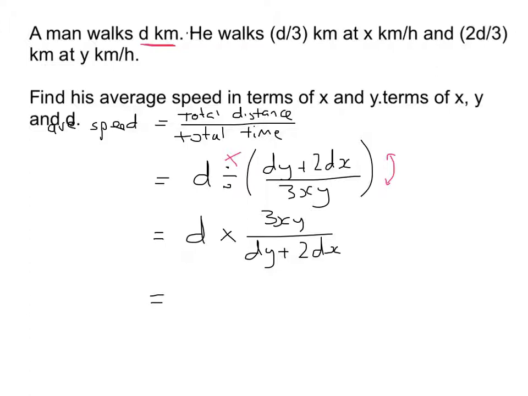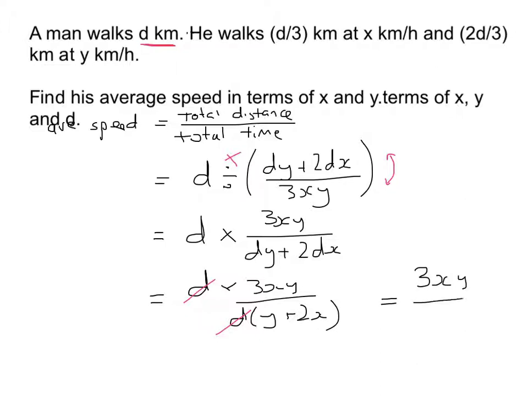So this will be equal to d times 3xy over, d's common, and left with y plus 2x on the bottom. Now I can cancel down the d on the top and the d on the bottom, and that will leave us with an expression of 3xy divided by y plus 2x.